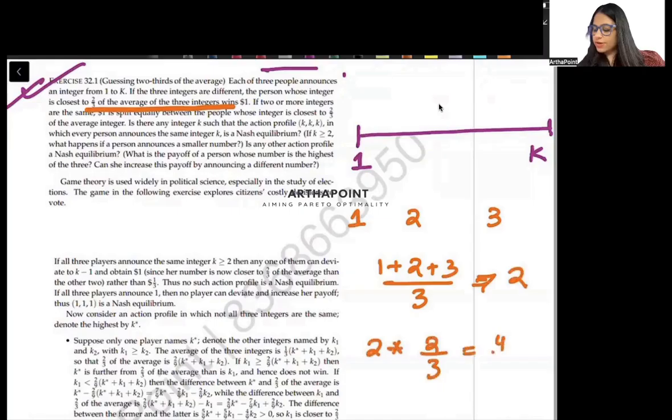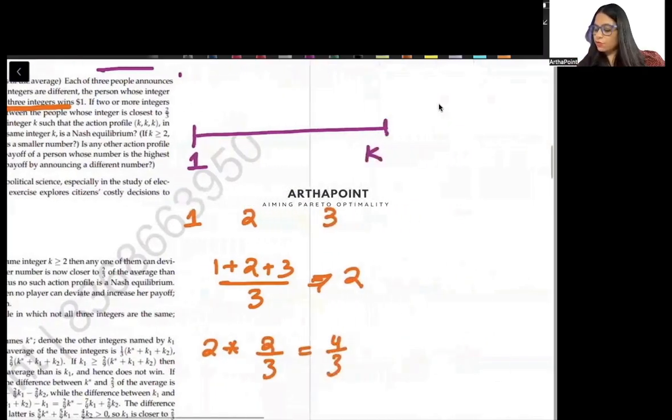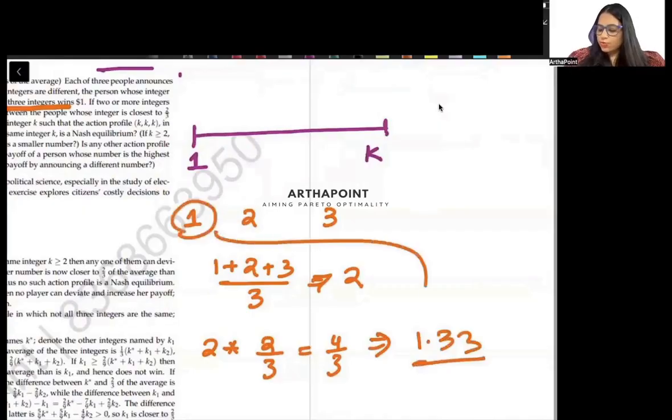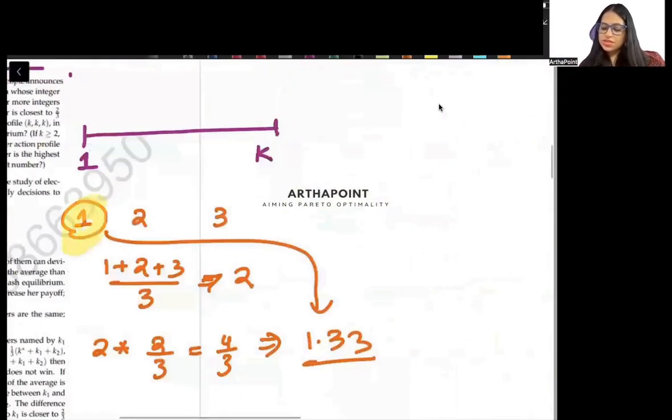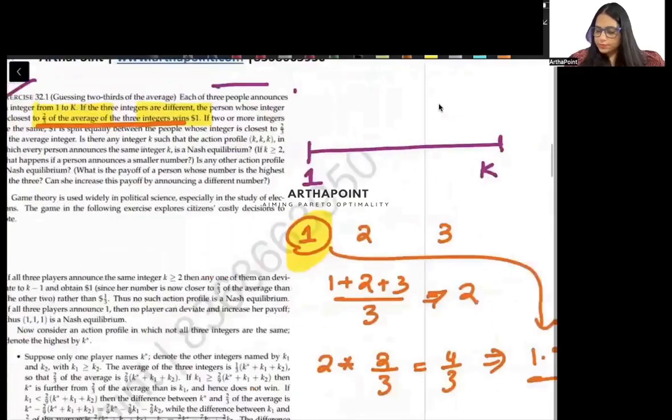It will be 4/3, which is 1.33. So 1 is closest to 1.33. The person whose integer is closest to 2/3 of the average wins $1. That means in this case, the first person will win $1.